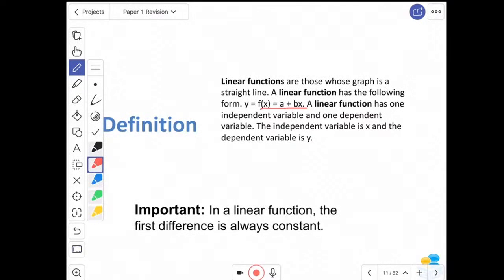And a little side note here, in a linear function, the first difference is always constant. So if we link that with our patterns chapter, which again, sequences and series, it all overlaps each other. They're not standalone topics. They're literally mixtures of each other. We know that if we have a linear pattern, an arithmetic sequence, the first difference is always constant.